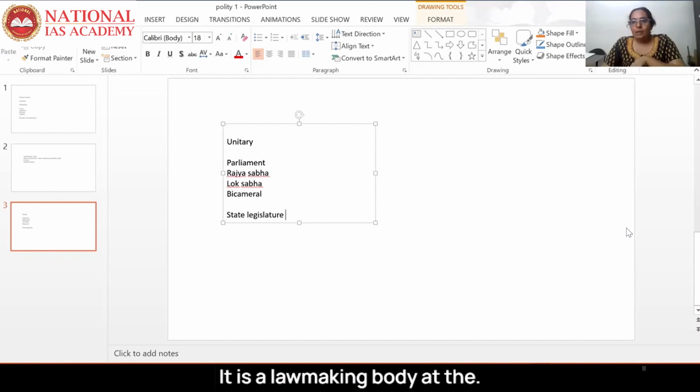It is the lawmaking body at the state level.